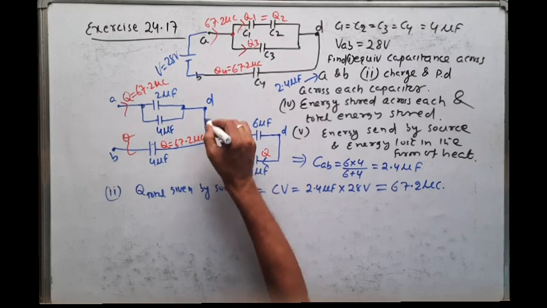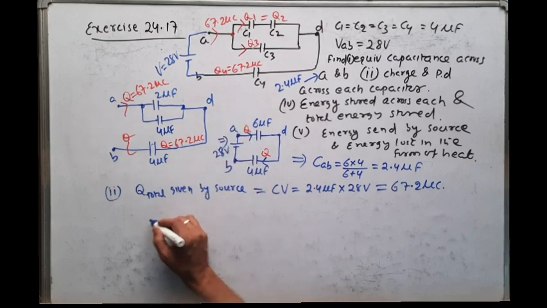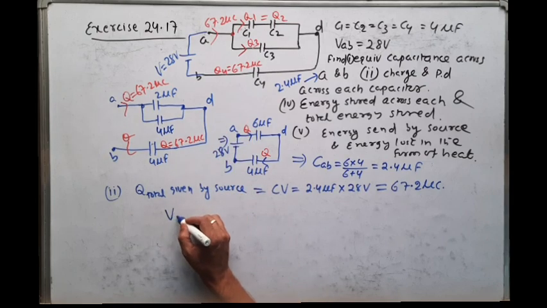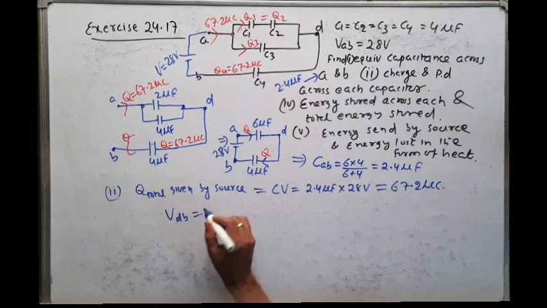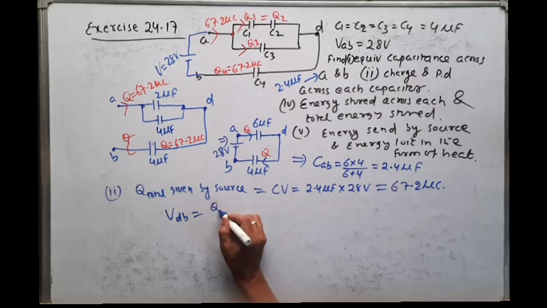So now you first find out what is the potential difference across D and B? VDB. So V is nothing but Q by C. So VDB is nothing but QDB by CDB.